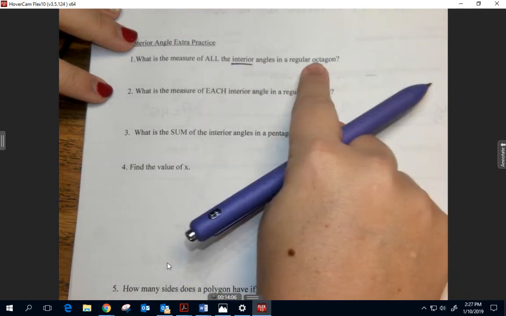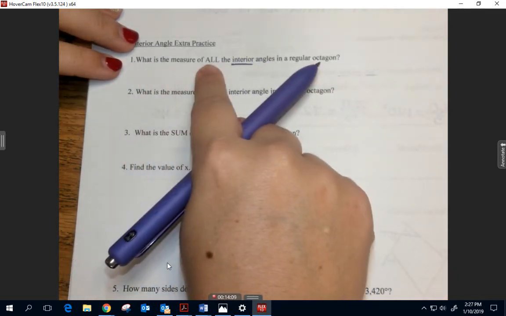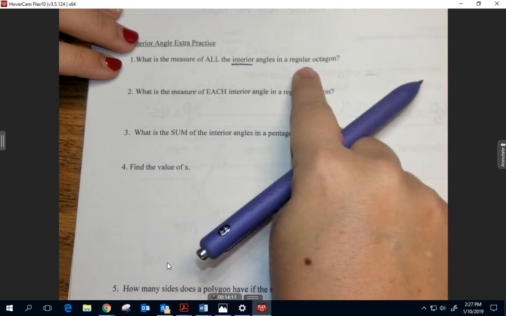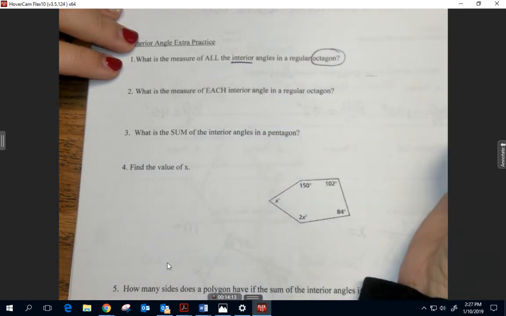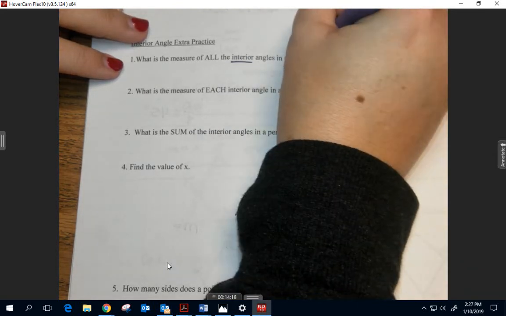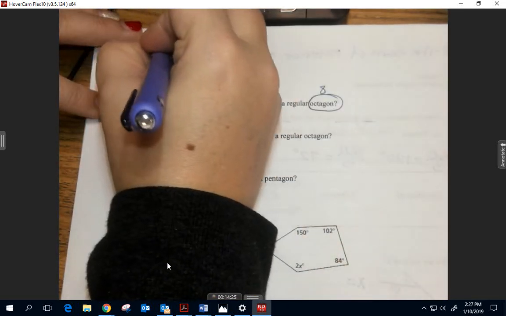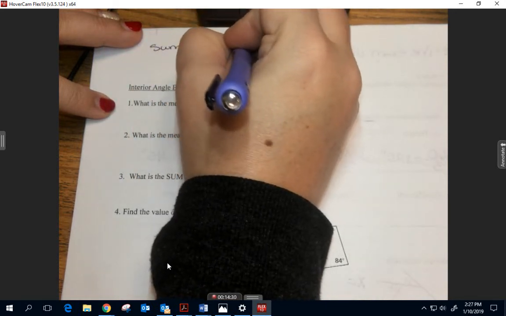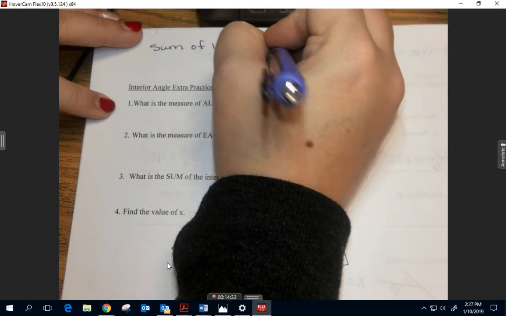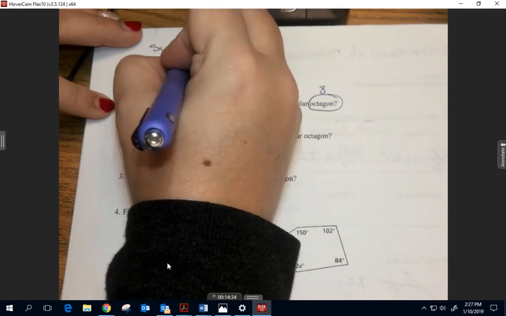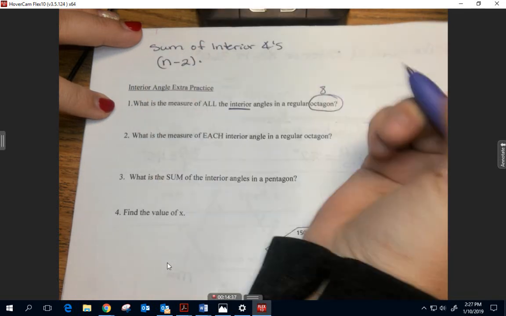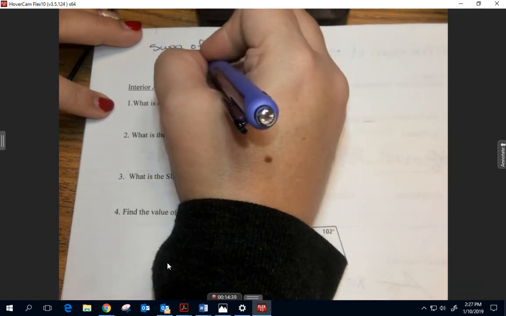So how am I going to find the measure of all interior angles of an octagon? How many sides does an octagon have? 8. Does anybody remember how to find the sum of interiors? Yes, it's the number of sides minus 2 times what? 180.